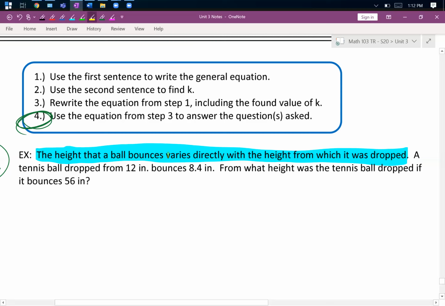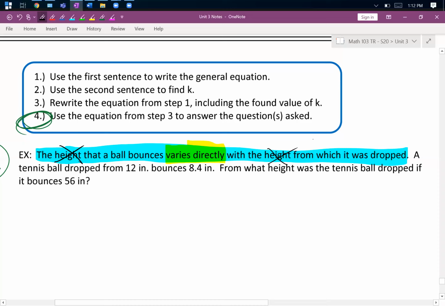So varies directly, that's clearly important for us. But what varies directly with what? The height that the ball bounces varies directly with the height from which it was dropped. Notice how it used the word height twice, before and after. I definitely do not want to use height as my variable because it's going to be confusing.